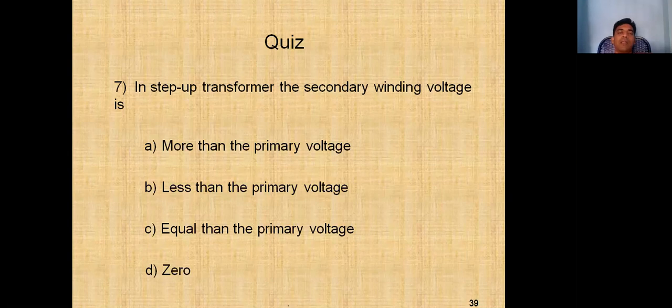If it is less than, that is called a step-down transformer. Answer: more than the primary voltage.